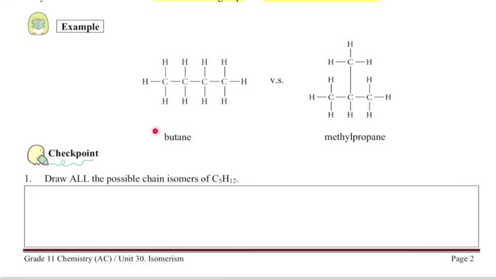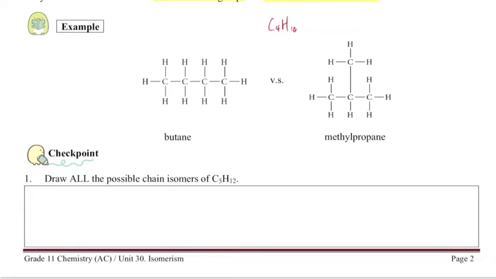On the left hand side, we have butane, which has 4 carbons in a row forming the longest carbon chain. On the right hand side, we have methylpropane. The longest carbon chain only has 3 carbons in it, and we have one methyl group as the branch. Both of them have 4 carbons, and both have the molecular formula C4H10. So they are called chain isomers.